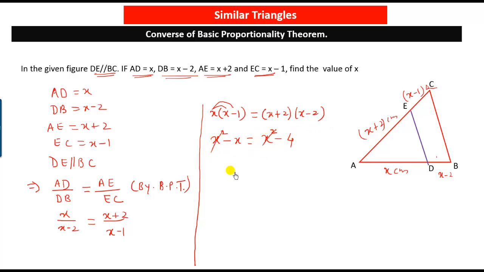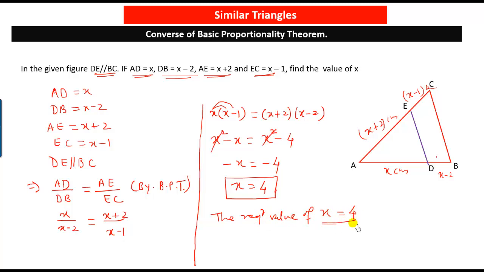Here x square and x square will get cancelled, minus x is equal to minus 4, and therefore x is equal to 4. The required value of x is equal to 4.